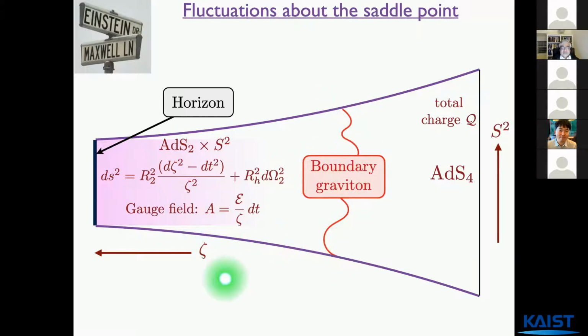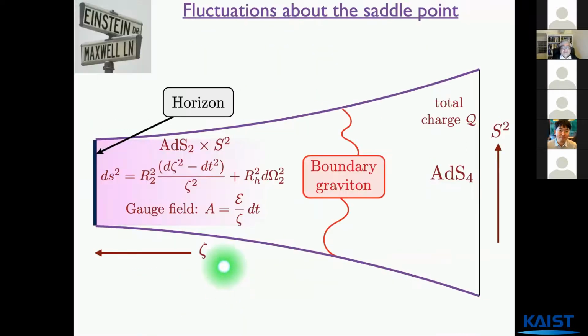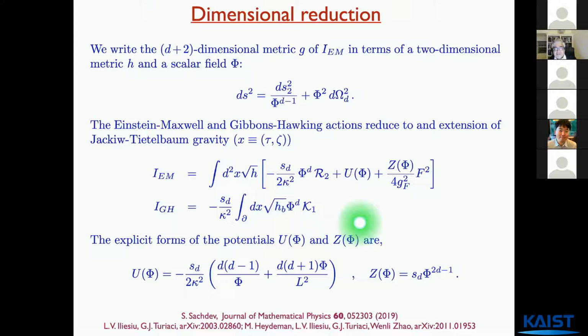Okay. So there's a calculation you have to do now, which is you start from Einstein-Maxwell theory, then you find the saddle point, and you look at the semi-classical fluctuations around it in the low energy limit, where you only focus on these boundary degrees of freedom, as you go from the near horizon region to the far horizon region. I first saw this calculation, or a version of it, in Maldacena, Stanford and Yang.